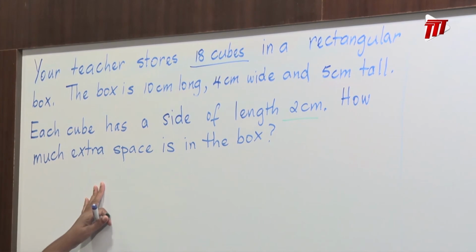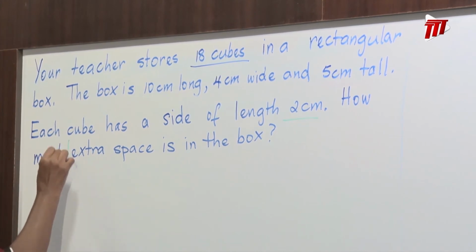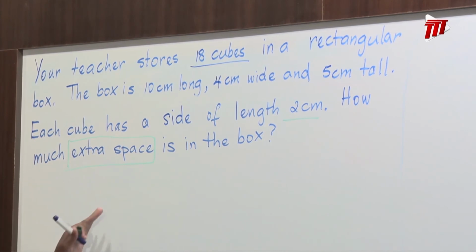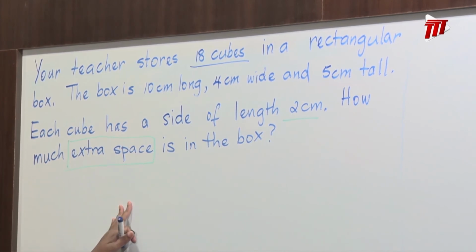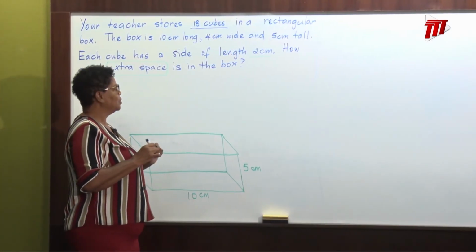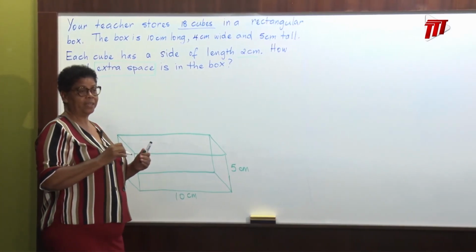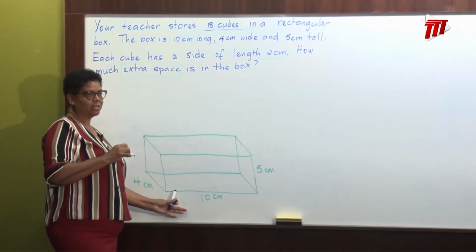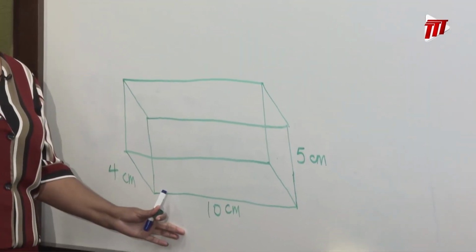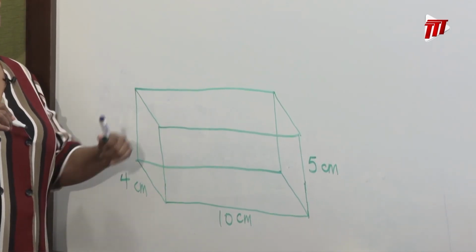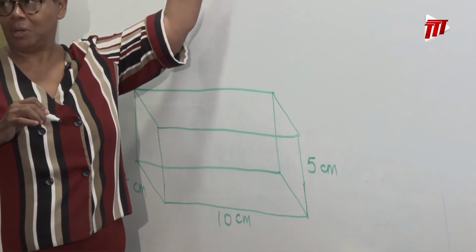The question is, how much extra space is in the box? So it means that the box is not filled. So we must find out the volume of the box, which is one of the things that we're going to have to calculate. And we're also going to have to calculate the volume of the cubes in the box.